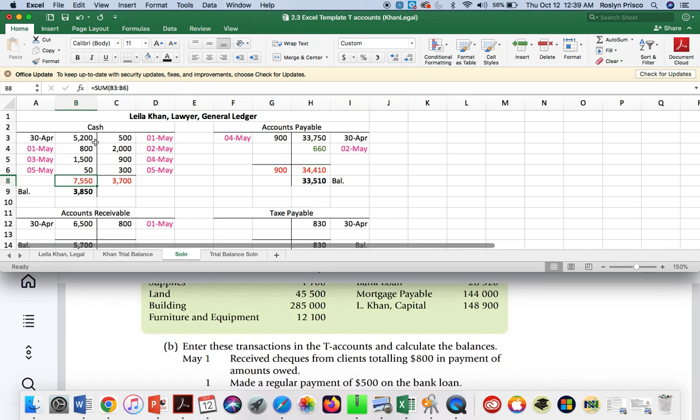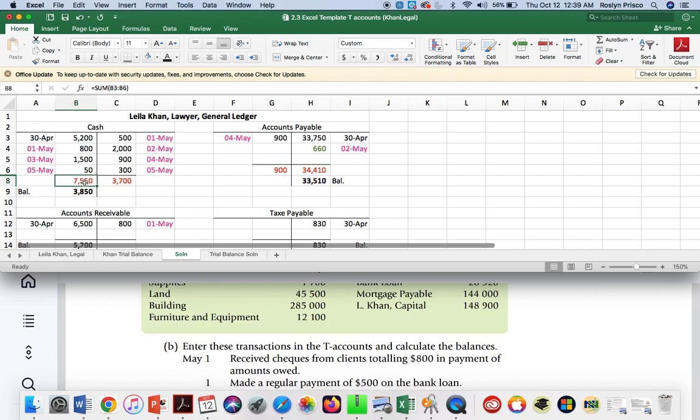Pay attention. When you're done, you're going to rule a line across the last entry. So see, I have a little line here. I'm going to add up all the debits and put the total here, and you'll notice it's in red. And then I'm going to add up the credit side in my cash account, and I left it in red. So how do you balance an account?